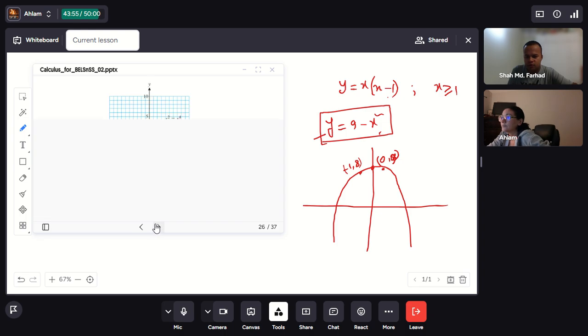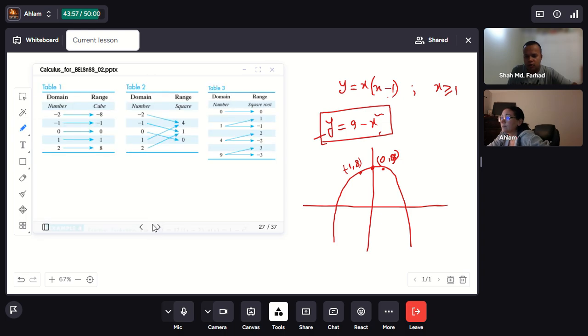Here is the next one. Now I have also discussed this table. We are given 3 tables. For the first one, we are given numbers and their cubes. The numbers are associated with cubes. So is the first table a function or not? Yes, because for each input we have one output.